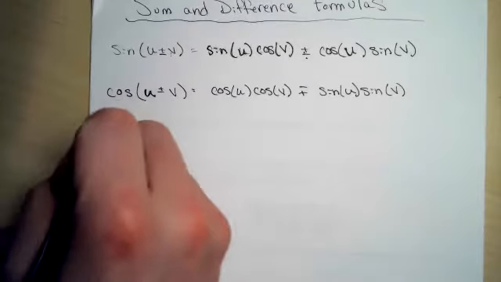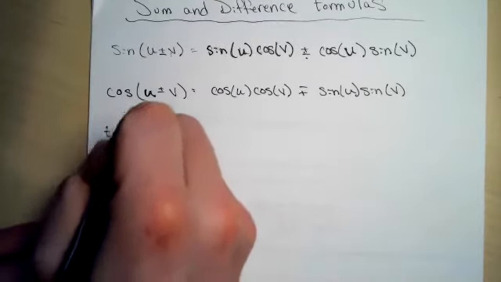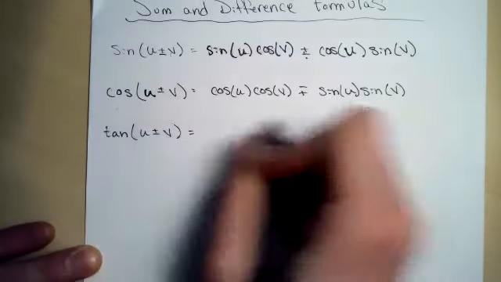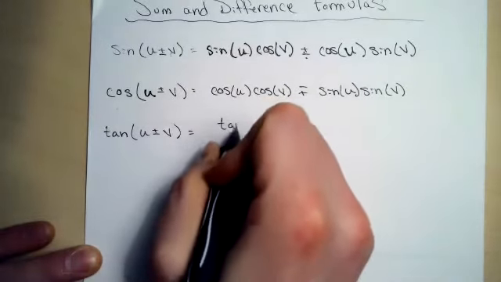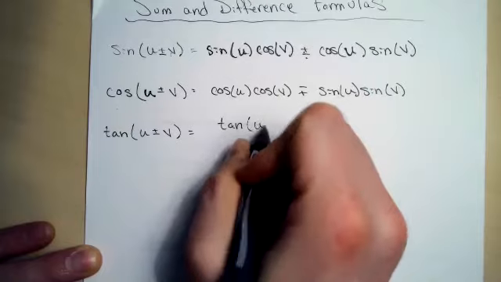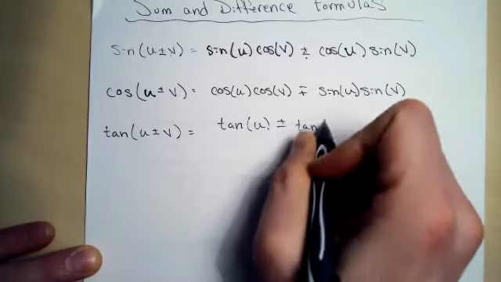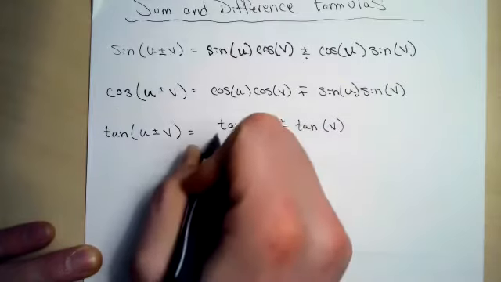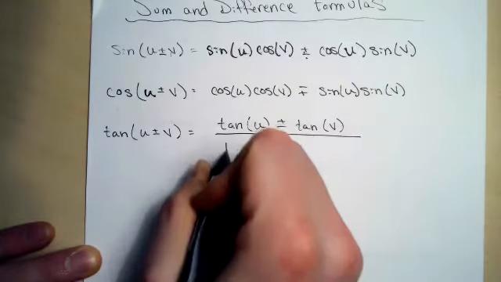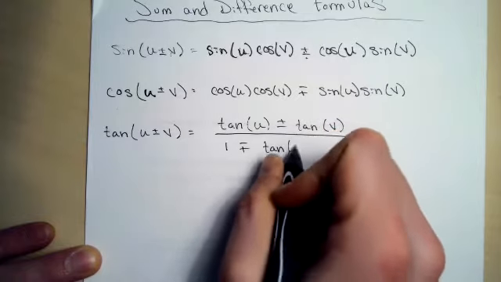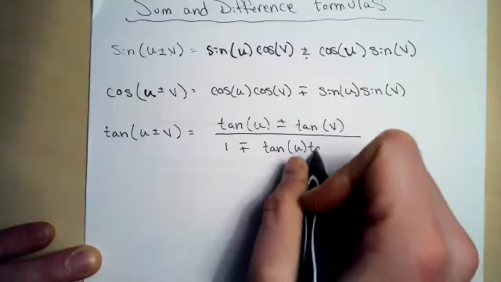And likewise for tangent, tangent has a little bit of both. So the tangent formula is going to be tangent u plus or minus tangent of v over 1 minus plus tangent of u tangent of v.